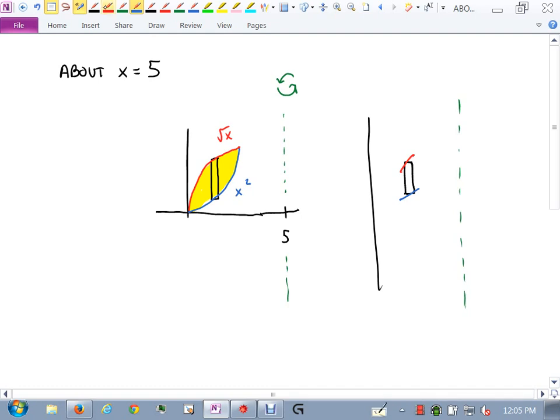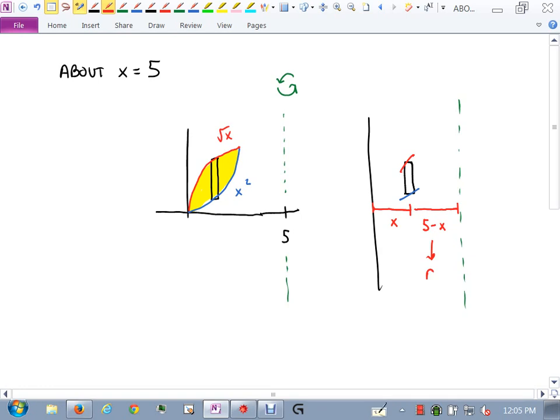And I know that the distance from the origin to here is x, right? That's x. But the radius I'm talking about goes from there to here. So what is that distance? 5 minus x. Because the entire distance is 5, right? So this will be 5 minus x from here to here. And that is our radius. I'm just going to label it r for radius.